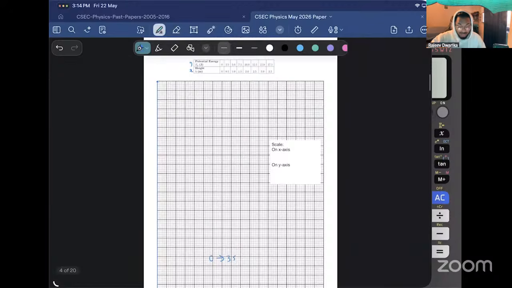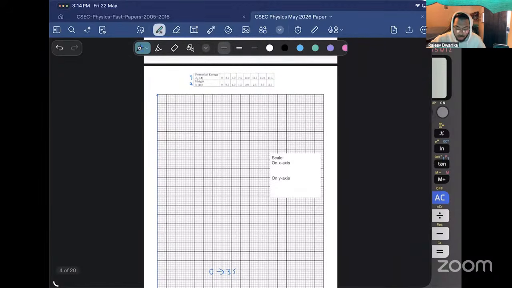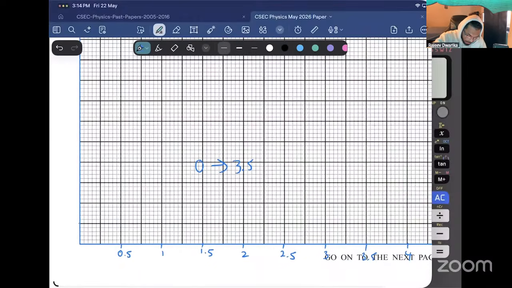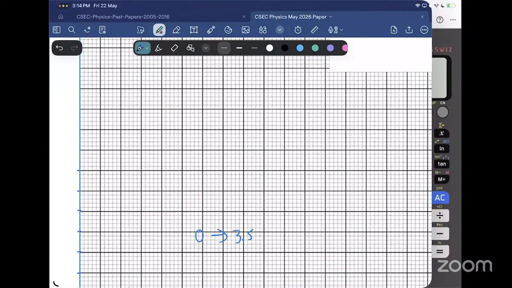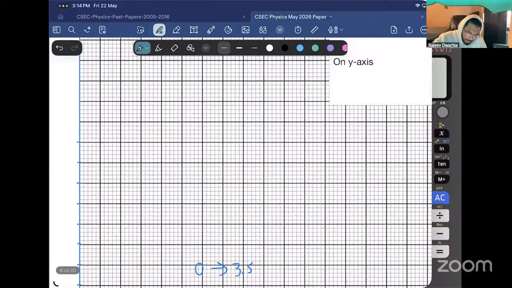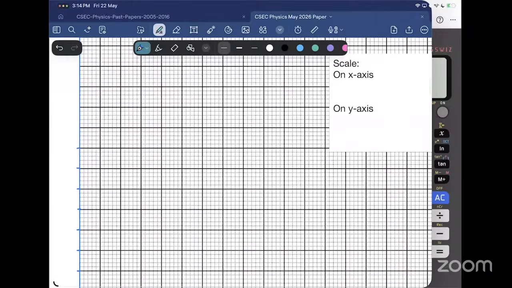So this scale is real simple. I'm just going to say every 1 centimeter represents 1 joule. Are you okay with that? Yes, sir. Are you doing any exam? I ended up just doing every 2 cm.